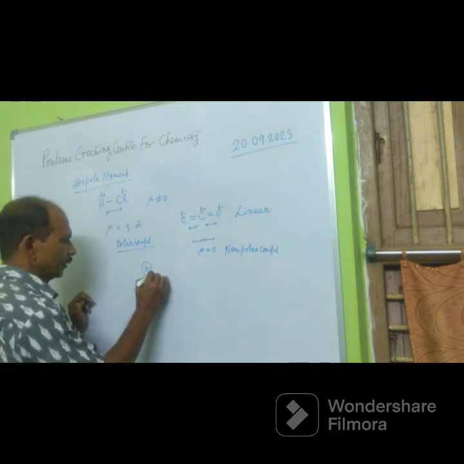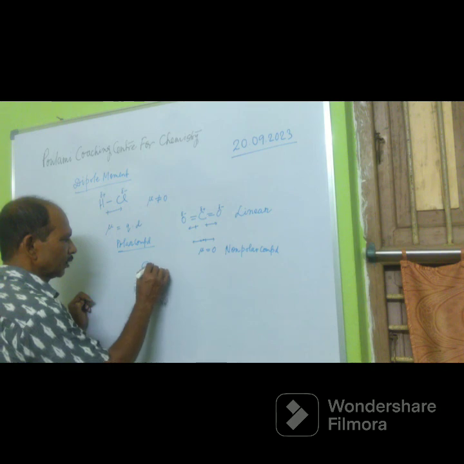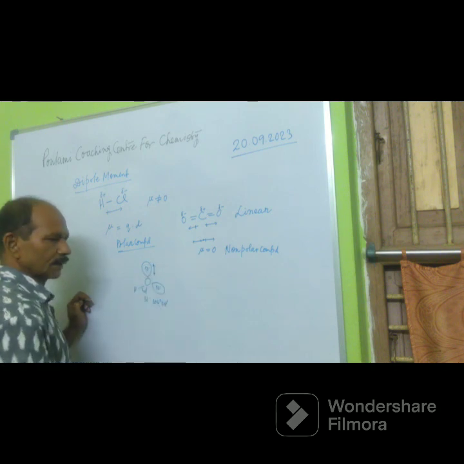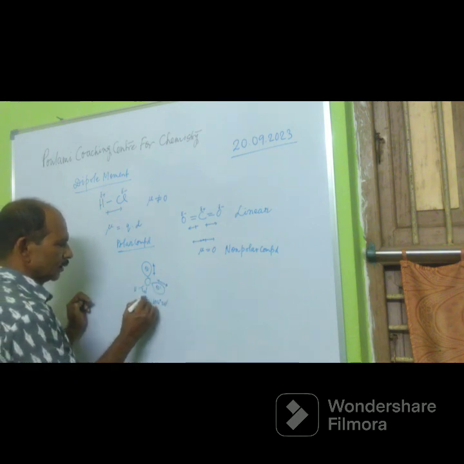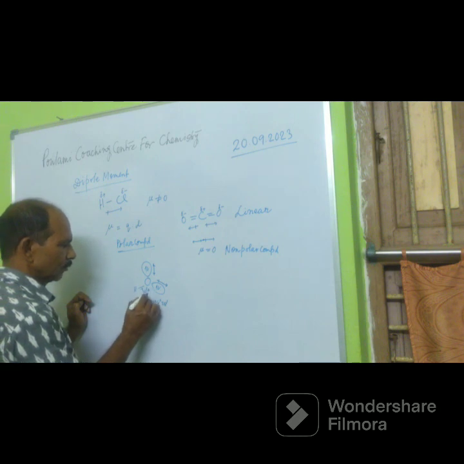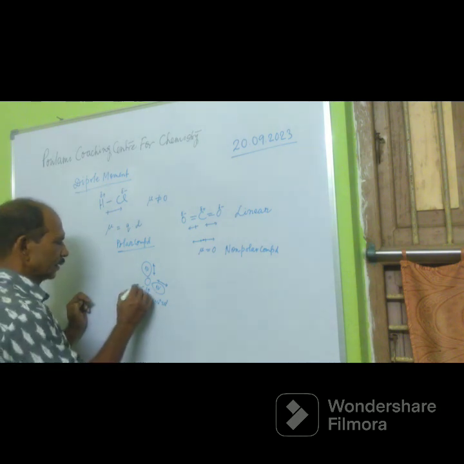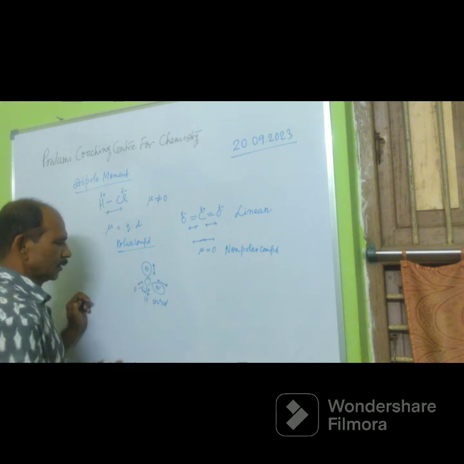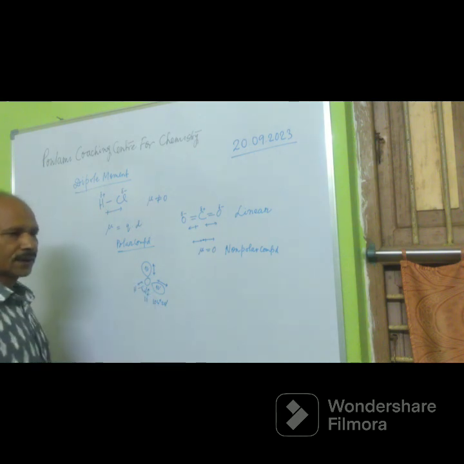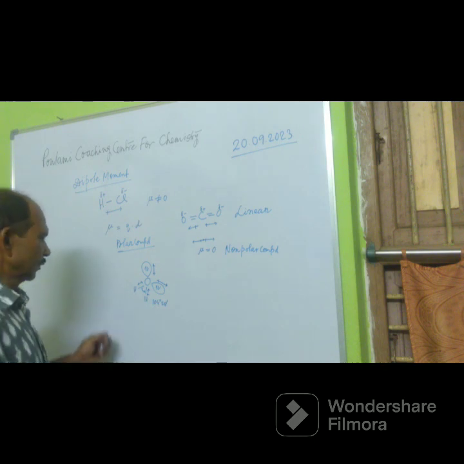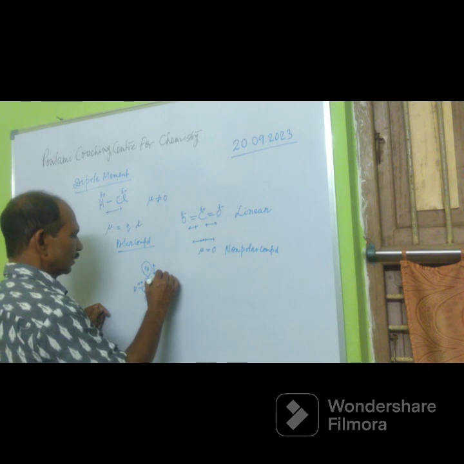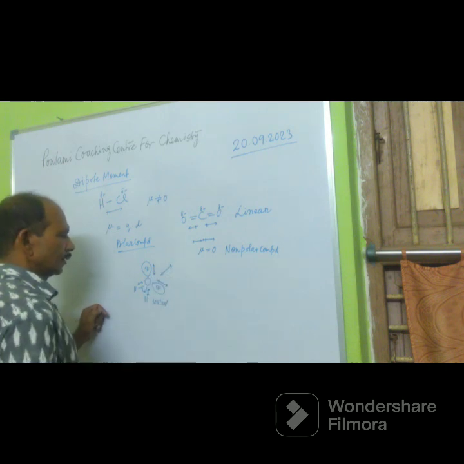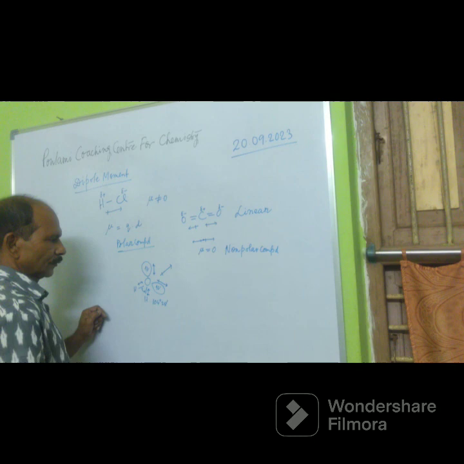The lone pair produces a moment in this direction, this lone pair produces a moment in this direction, this OH bond produces a bond moment in this direction, and this bond moment in this direction, as oxygen is more electronegative than hydrogen. So the resultant of these two bond moments acts as this.